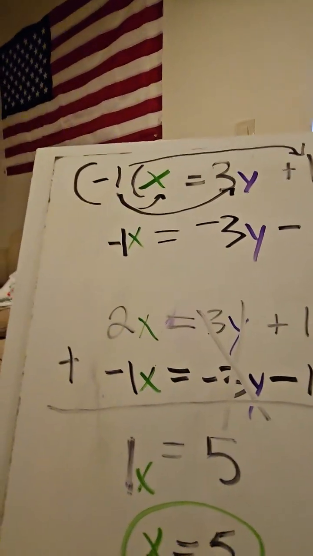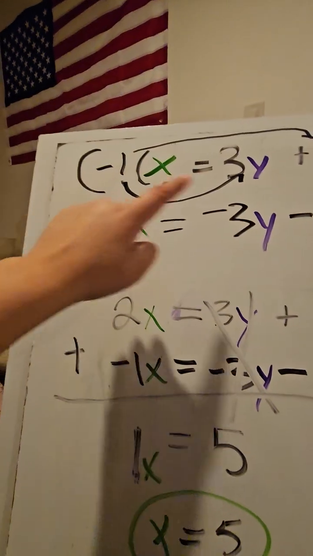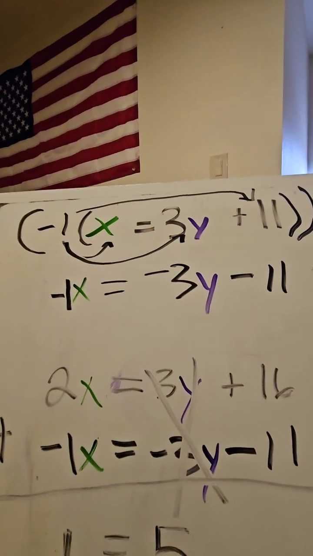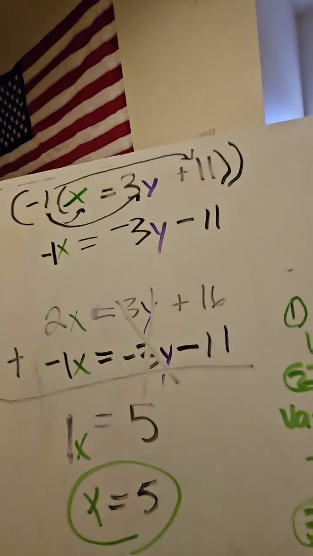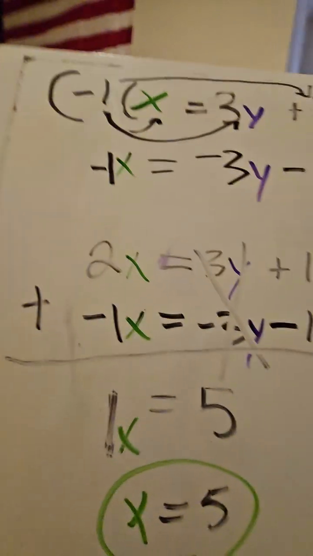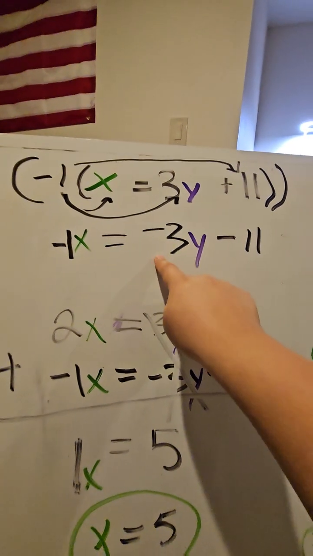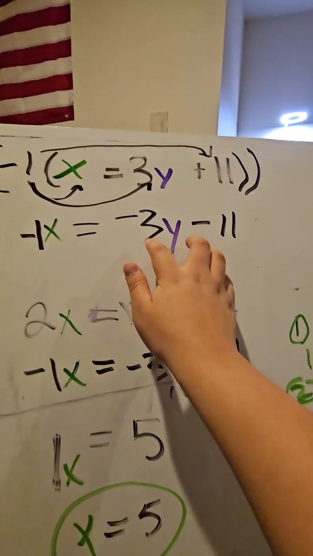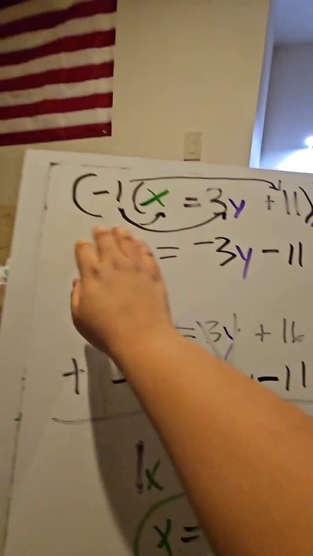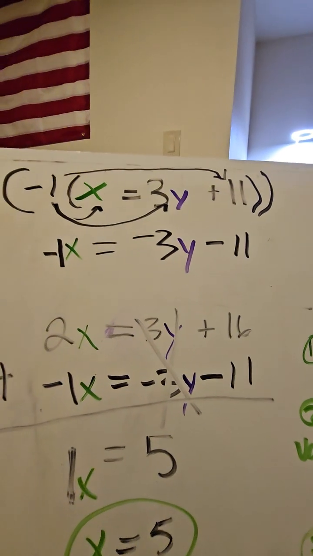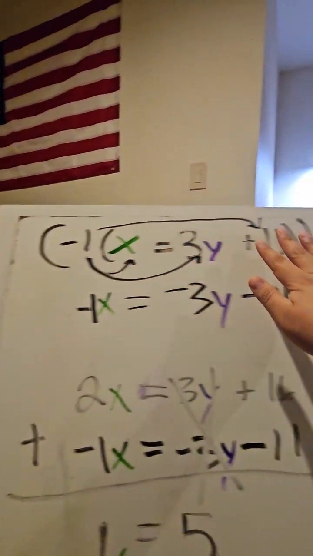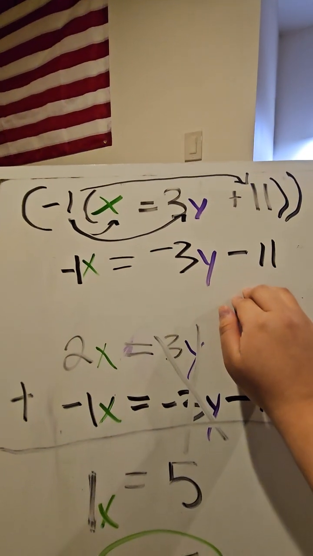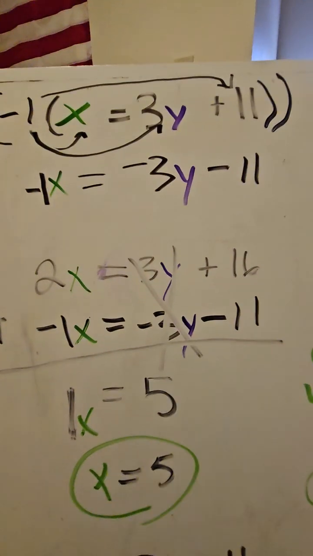And then you had to think, okay, if we're going to be adding these two, then one of them has to be negative. But wait, if we want it to be negative, we have to multiply it by negative 1. But we can't just do that to just the y. We have to do it to the whole equation, right?